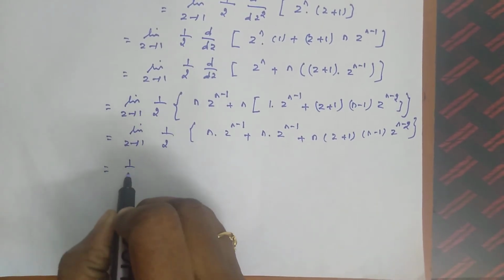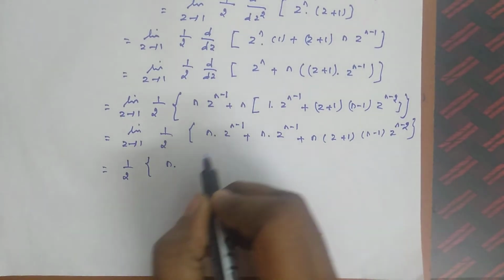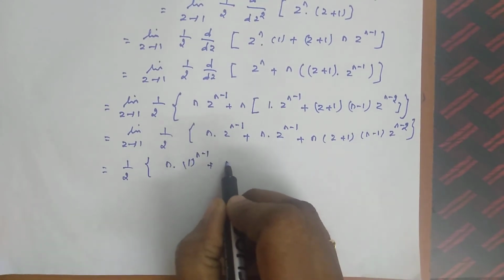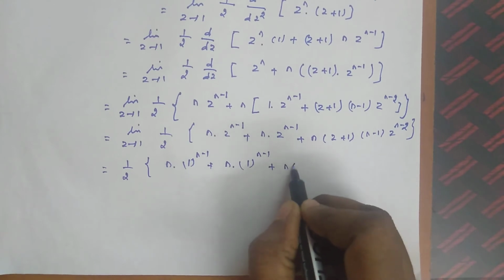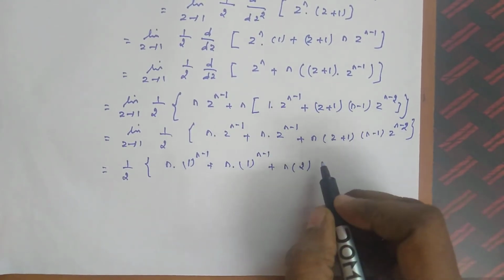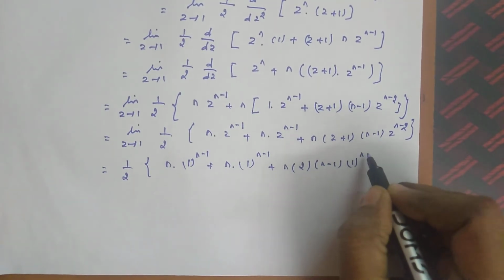So 1 by 2 into, wherever z comes, we will make it as 1. So n into 1 power n minus 1 plus n into 1 power n minus 1 plus n into... And here it is n minus 1 and 1 power n minus 2.